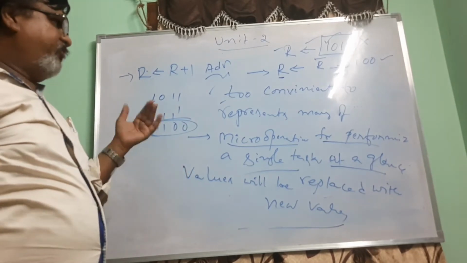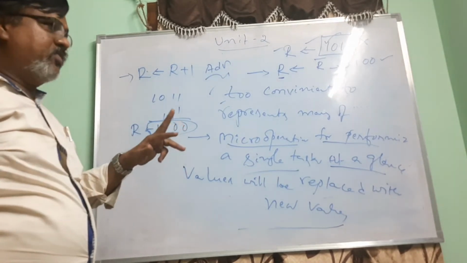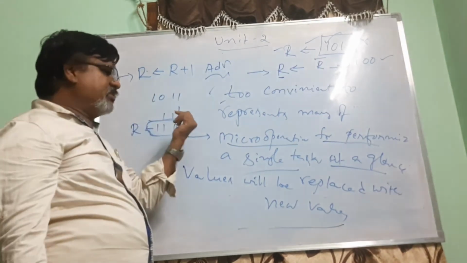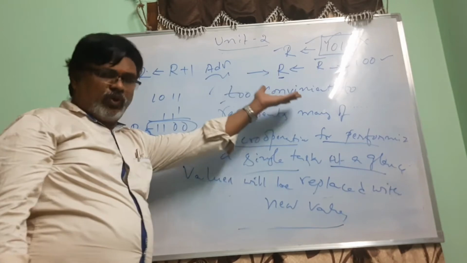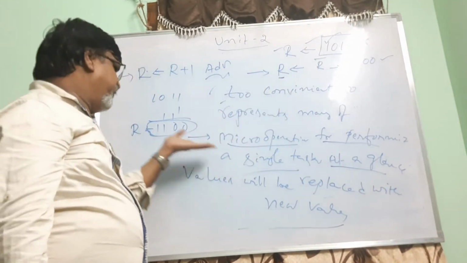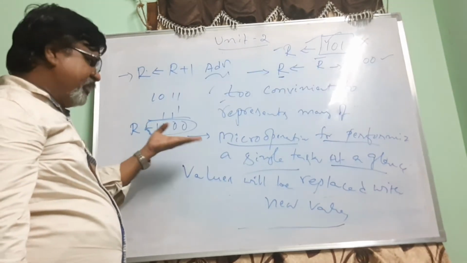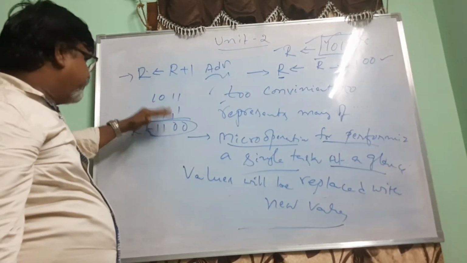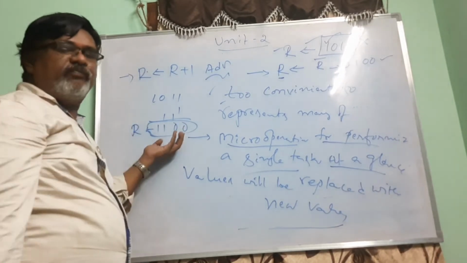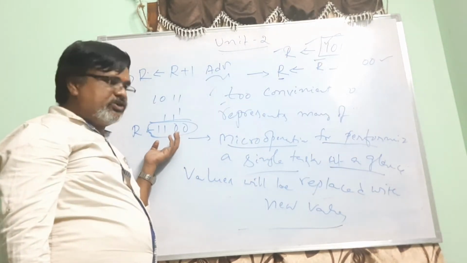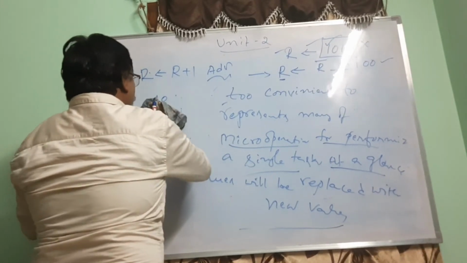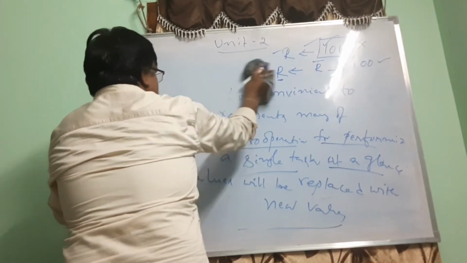After performing any micro operation, the initial value stored in the register is replaced with the new value, which may be the output or a temporary output. If it is the end of your task, this will be the final output. But if there are more micro operations after this, it will be called a temporary value.